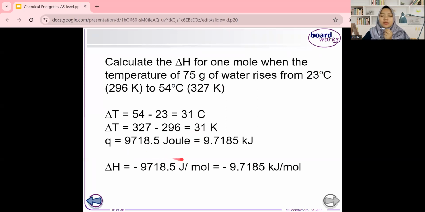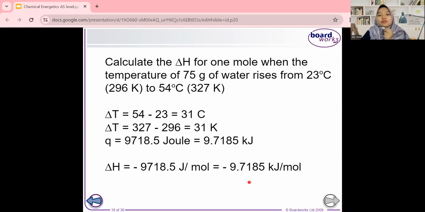So the result is 9,718.5 joules, or we can give it in kilojoules also. After you get Q, you divide it by the moles, which is 1, but we have to add the negative sign in front of it. Delta H has a different unit: since we already divided by moles, the unit is joules per mole, or it can be kilojoules per mole also. Done. That's it.